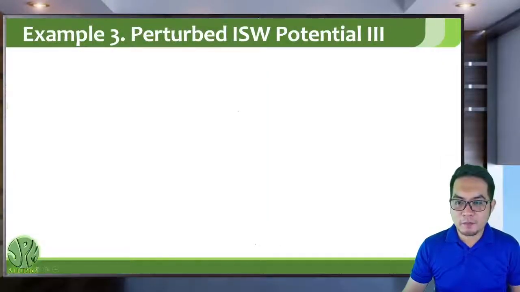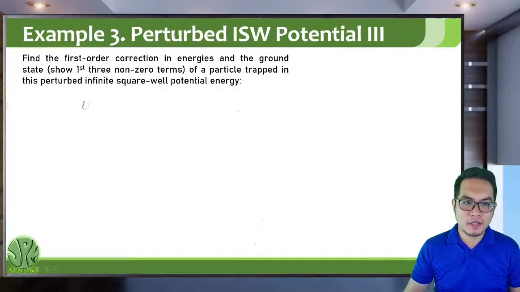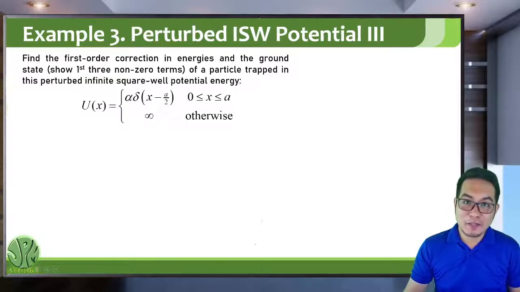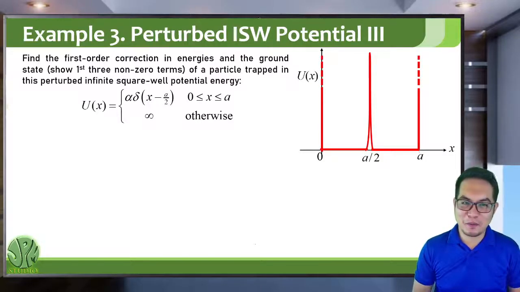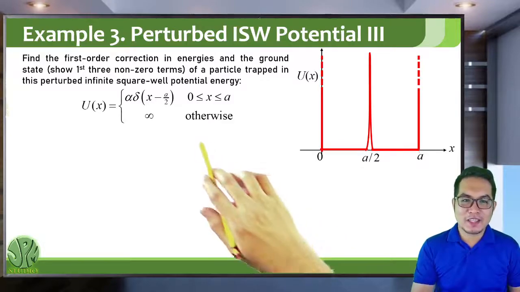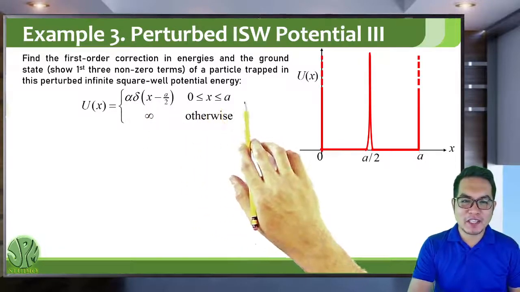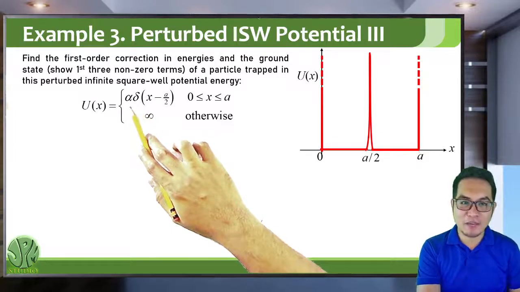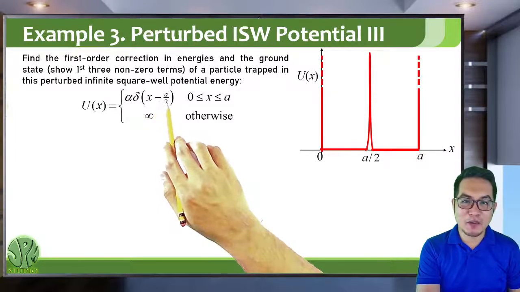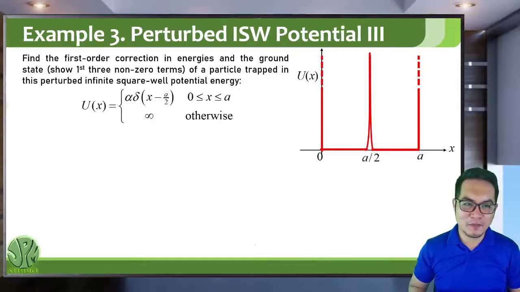So another example. We have still an infinite square well potential, but we perturb it with a delta function. There's a delta function in the middle of the well. So instead of the potential being 0 from 0 to a, there is a delta function with strength alpha at x equal to a over 2, at the center of the well.